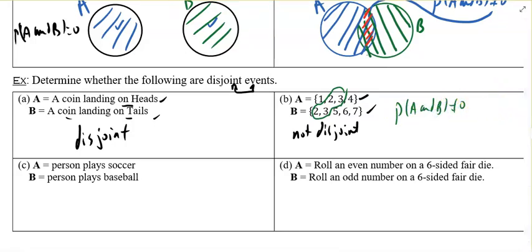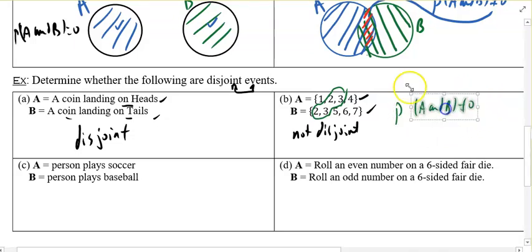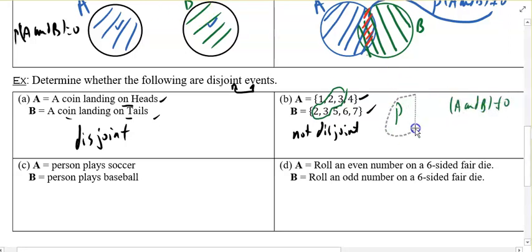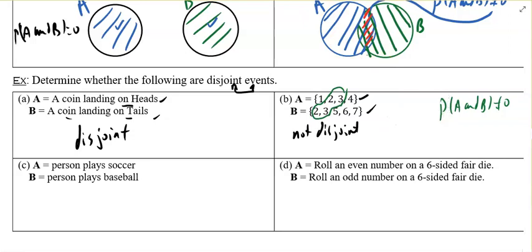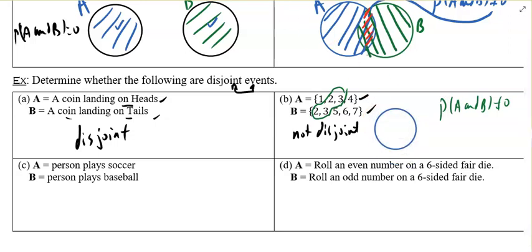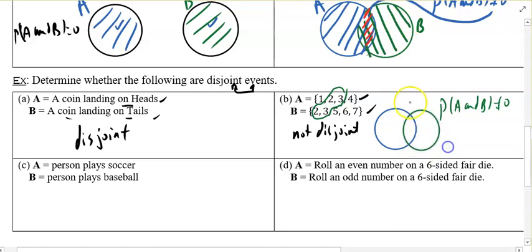And to demonstrate that with an example like we just did, notice how this would look. If I draw event A, the best way to do this is to put them first and start with the overlap. Start with what's common. What's common is 2 and 3.